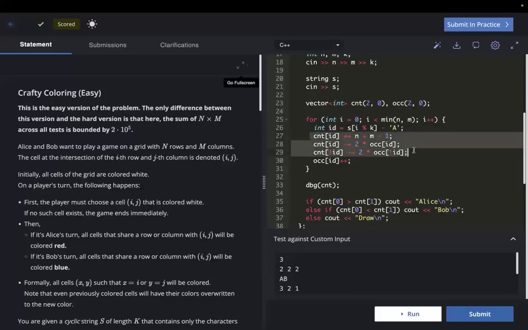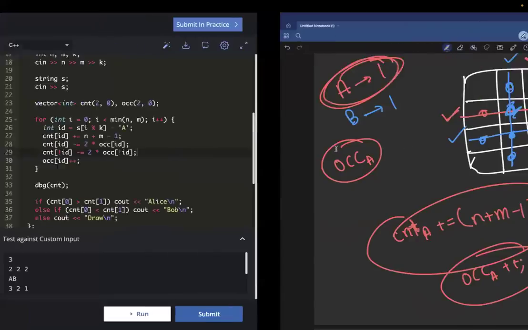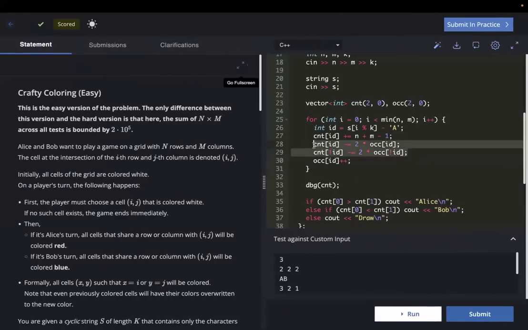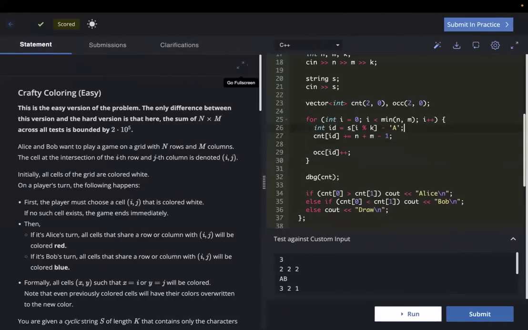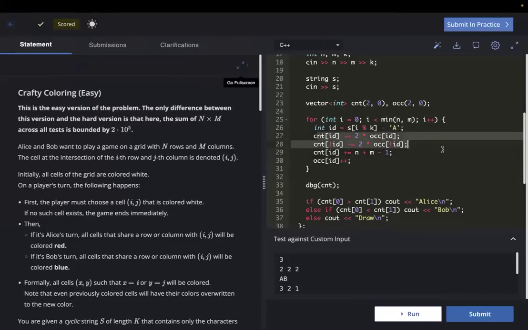Then I have these 4 lines of code for doing this part. Basically, these 2 lines of code are doing nothing but removing the colors from the cells in the same row and in the same column.